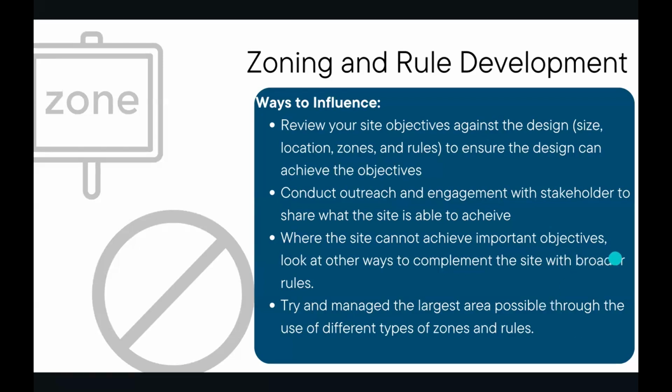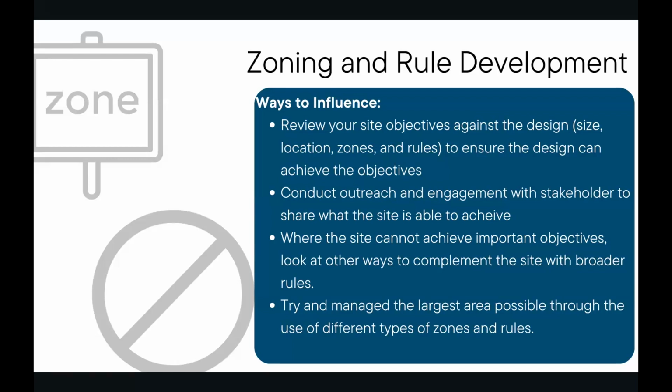And so that gets to conducting outreach to share what's achievable. Where it can't achieve certain objectives, you can also, again, look at ways outside of the site to complement with broader rules and management, like fisheries management. And then ideally, you try and manage the largest area possible through the use of different types and zones.